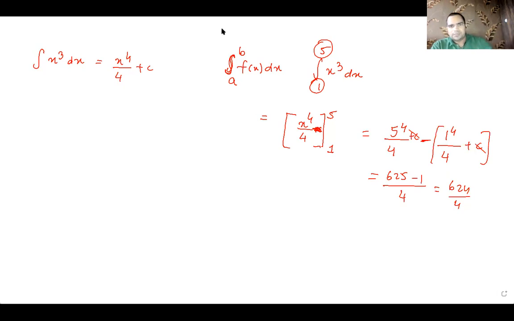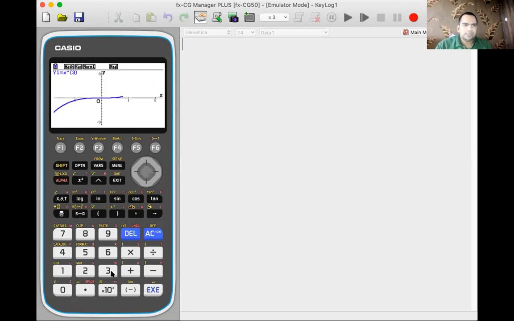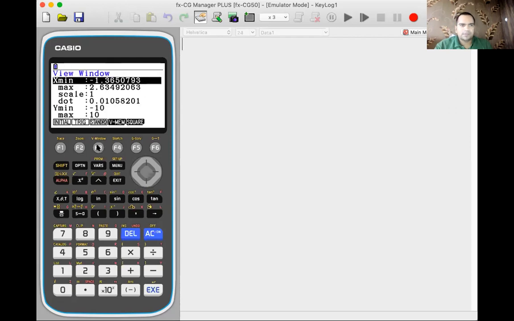Now let's try to look at this on a calculator and see how it is different. A simple aspect is that if you plot the x cube function, which we've integrated, and our limit of integration was from 1 to 5, I'll first make sure that the view window is big enough.